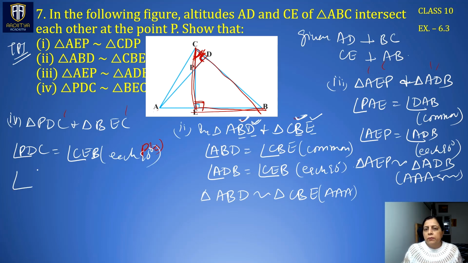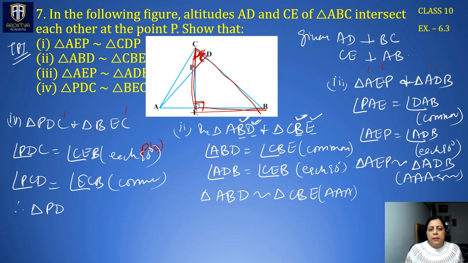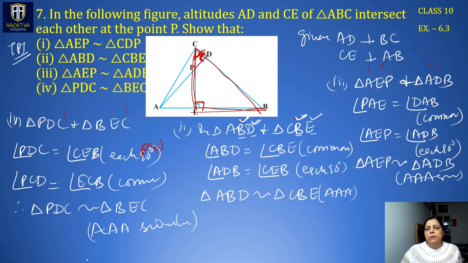Next we have angle C, which is PCD is equal to angle ECB, common. Therefore, triangle PDC is similar to triangle BEC, right? This is also AAA similarity. So this is the easiest kind of similarity that we can have in similar triangles questions, right?